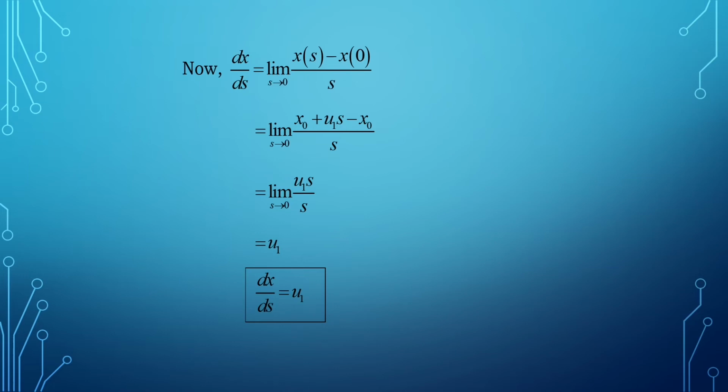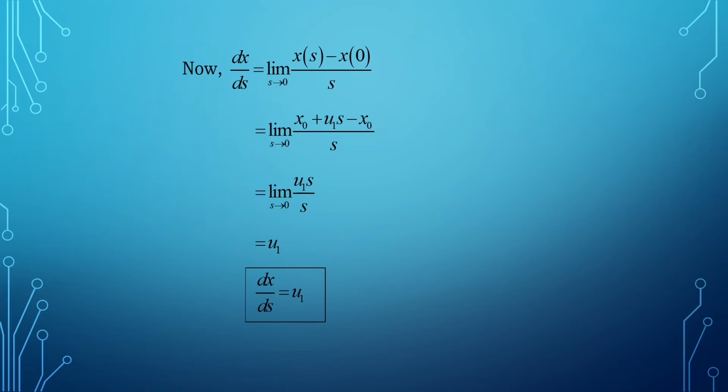So dx by ds equals limit s tends to 0 x of s minus x of 0 upon s. Here we know the values of x of s and x of 0. x of s is x naught plus u1 s and x of 0 is nothing but x naught.